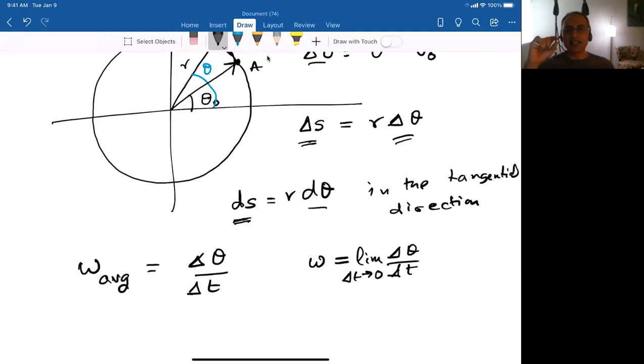So in order to find that, you still do delta theta divided by delta t, but you make the delta t a very, very tiny interval surrounding t equals 7 seconds, something like 6.999999 to 7.000001. You make the delta t as tiny as you can to get the omega at that particular instant. And we've discussed this extensively before, we know that that is nothing but d theta dt. So omega is d theta dt, right?